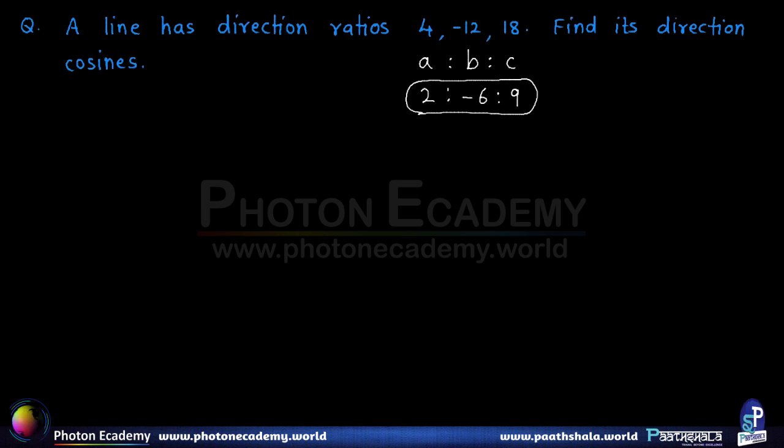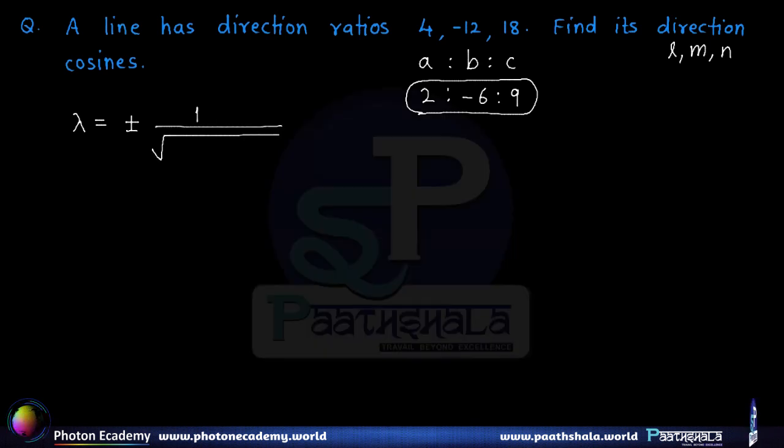Okay. Now to find the direction cosines, that means to find out l, m and n. And as per the derivation we have seen that first we have to calculate the lambda, that is given by plus or minus 1 upon root of a square plus b square plus c square. Correct? So therefore we take the values of a, b and c as 2, minus 6 and 9.